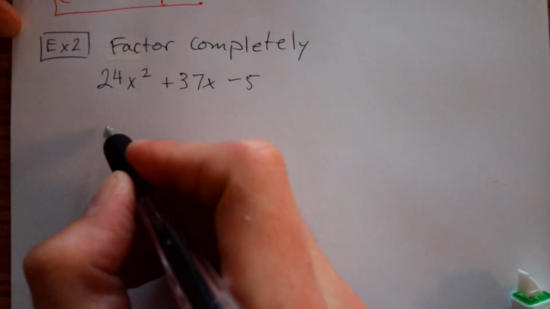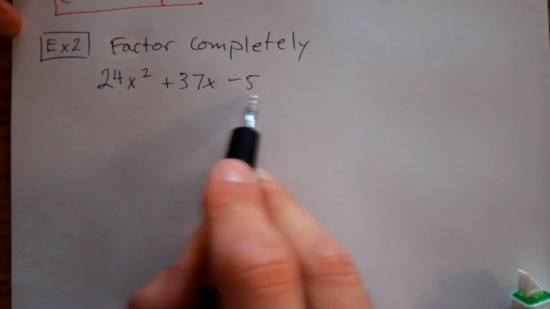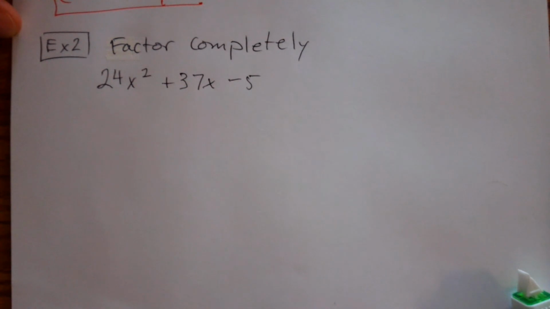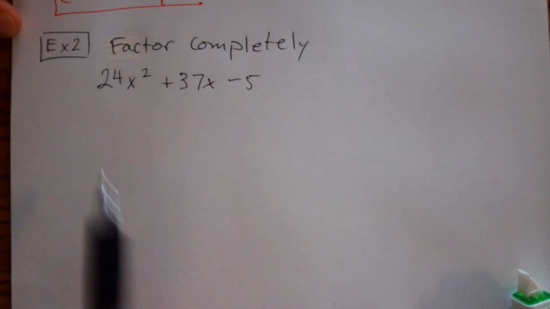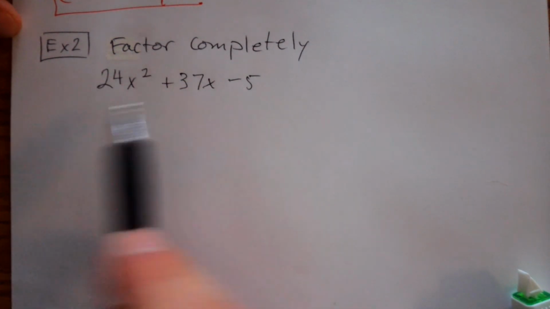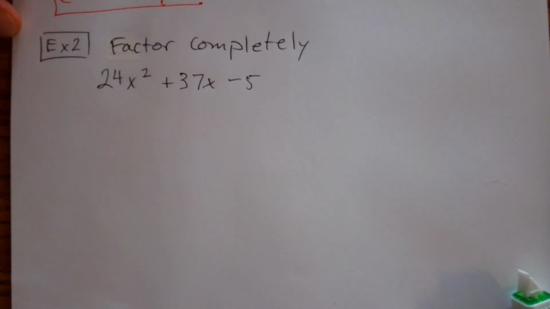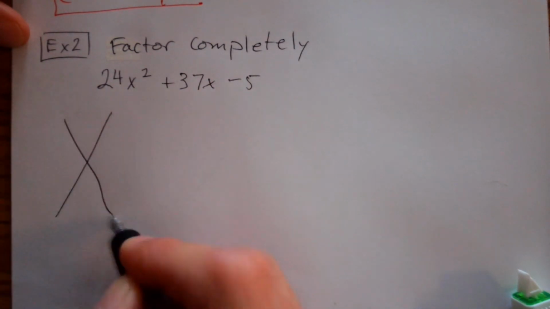So on this, again, try and divide by a GCF, but nothing goes into all 3 of these. Right? We can't divide by 5, so we can't divide a GCF here. I should have turned the light on the camera. Oh well. So then I'll go straight to my x.